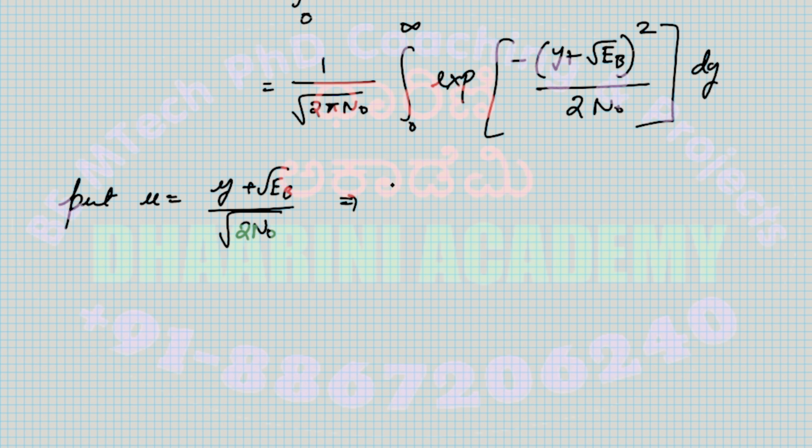This implies dy is equal to root of 2n naught times du. So we need to change the limits. y actually starts from 0.